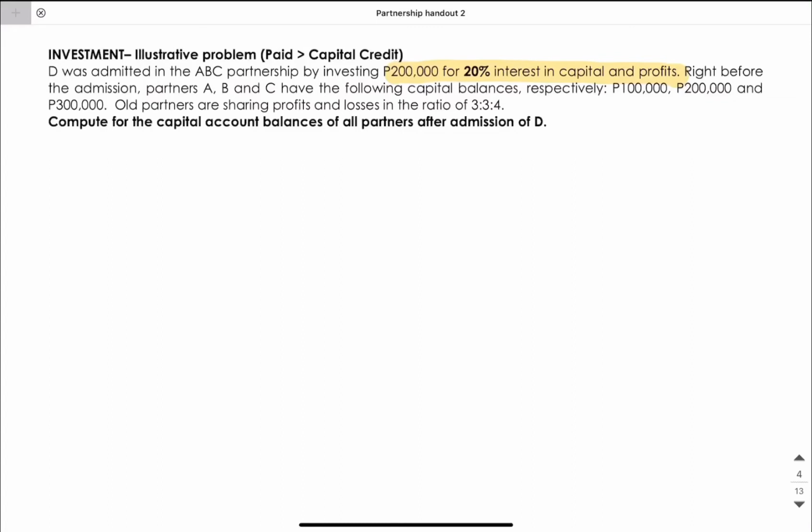All partners are sharing profits and losses in the ratio of 3:3:4. Requirement: compute for the capital account balances of all partners after admission of D. So to start, let's determine the capital balances prior to admission of D.